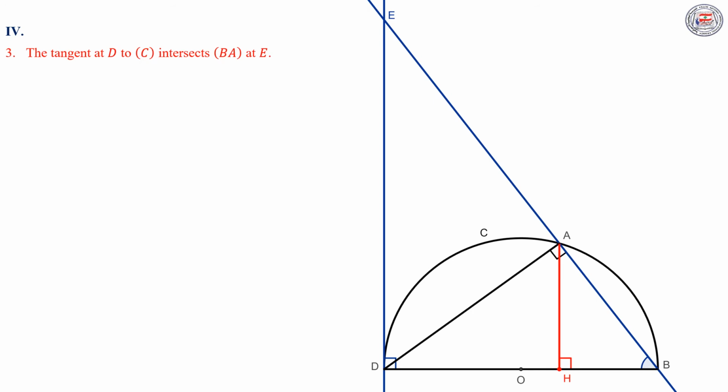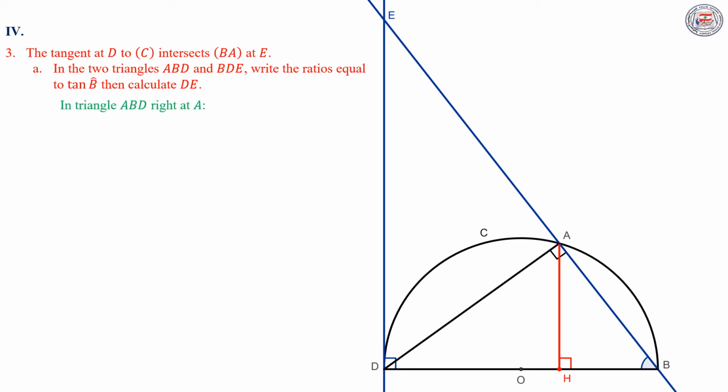In part 3, the tangent at D to the circle C intersects the line BA at the point E. In part A, in the two triangles ABD and BDE, write the ratios equal to tangent B, then calculate DE. As a reminder, the tangent of an angle in a right triangle is equal to the opposite side over the adjacent side.